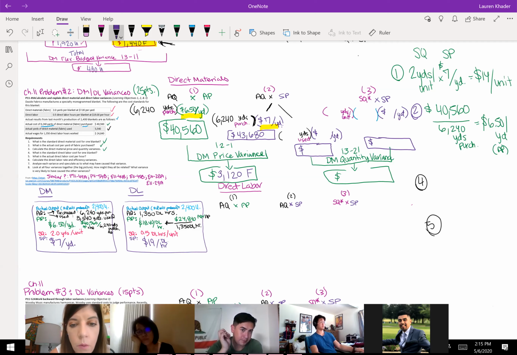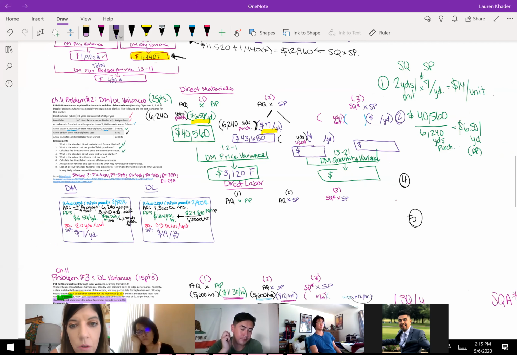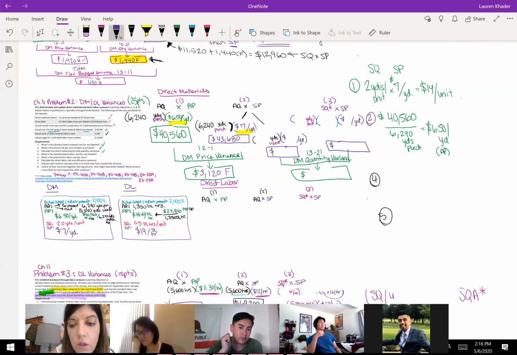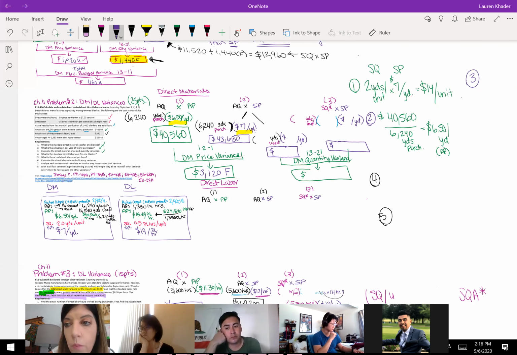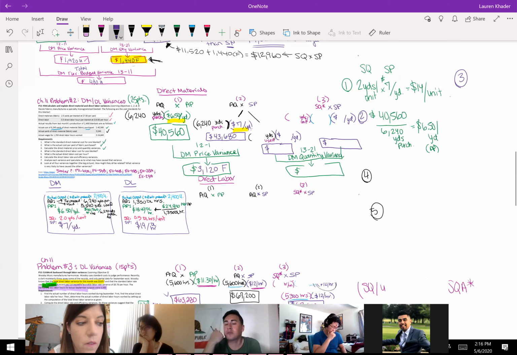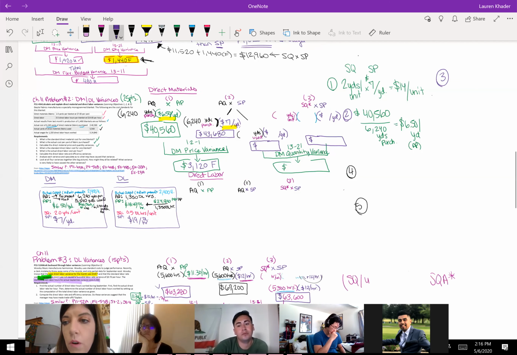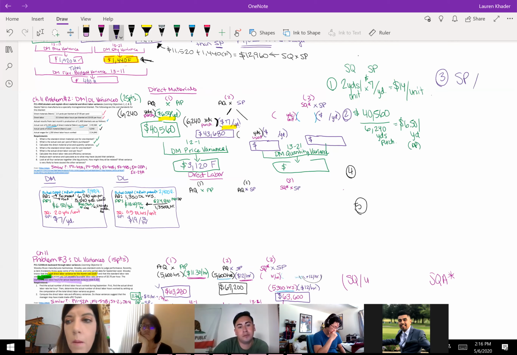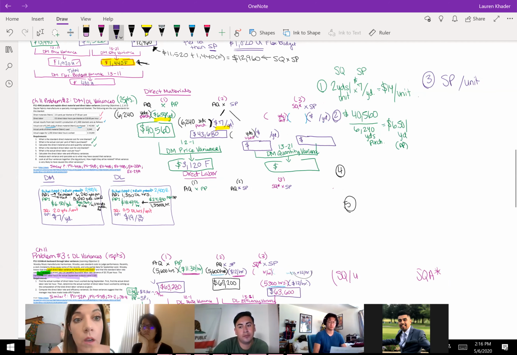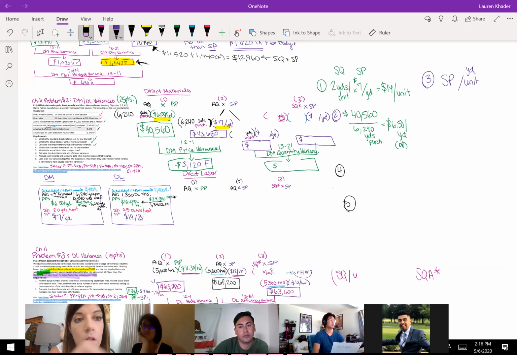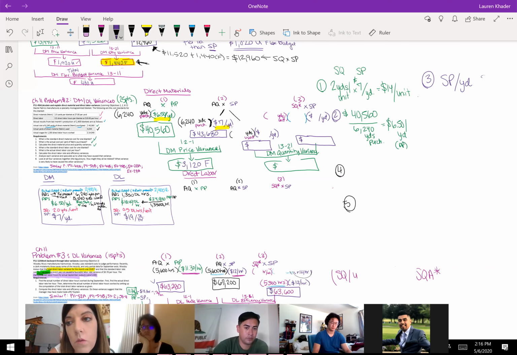This test problem may want you not to show it in the table, but similar to what you had to do for your homework. So for part 3, you would put the standard price per unit, it says per unit, but it's actually standard price per yard, by the way, which was $7 per yard.